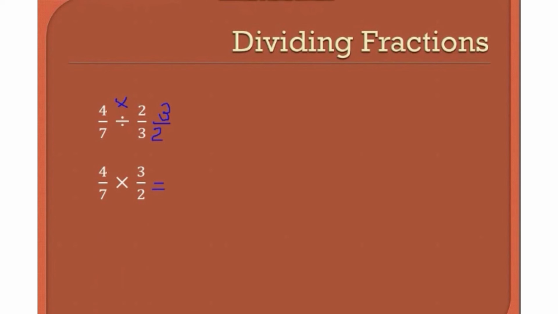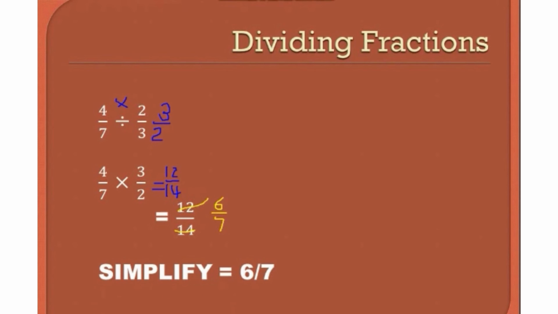Therefore, 4 times 3 is equal to 12 and 7 times 2 is equal to 14. 12 over 14 can be simplified because 2 into 12 goes 6 times and 2 into 14 goes 7 times. Therefore, 6 over 7 is your final answer.